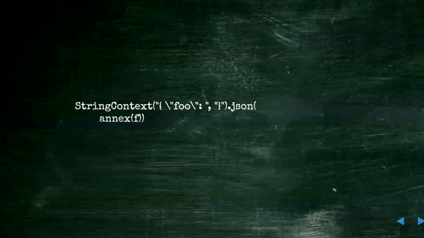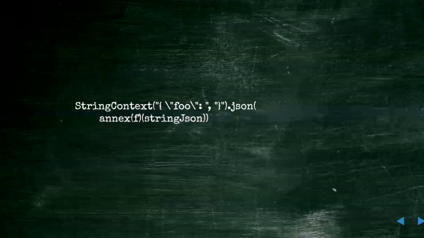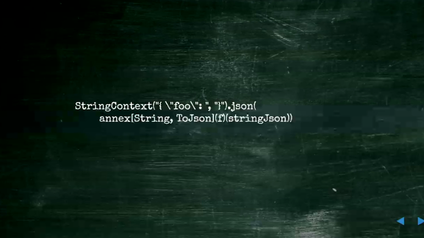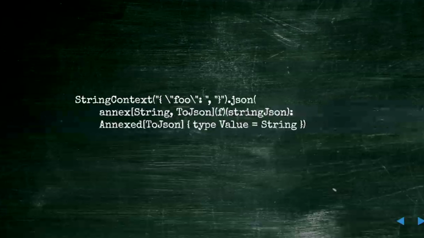And this is what the implicit does. It calls annex on f, and remember the typer is looking into this. It sort of works out that it needs to apply the implicit value there. By virtue of this implicit being found, it knows that the type parameters to annex are these, and this results in a typed value here.